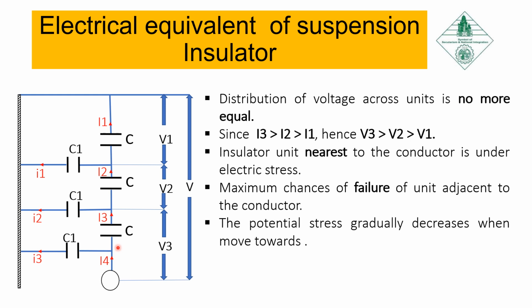The voltage drop across the unit near to the conductor is always maximum as compared to the rest of the units, and hence the insulator unit which is nearest to the conductor is always under more electric stress and there are maximum chances of its failure. The potential stress gradually decreases when you move towards cross arm.